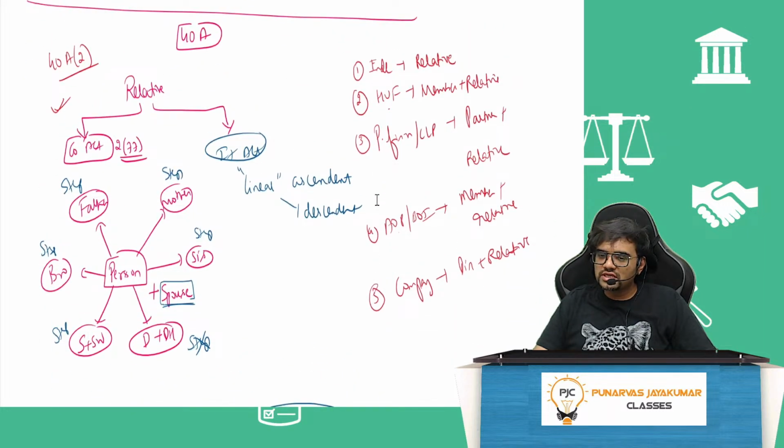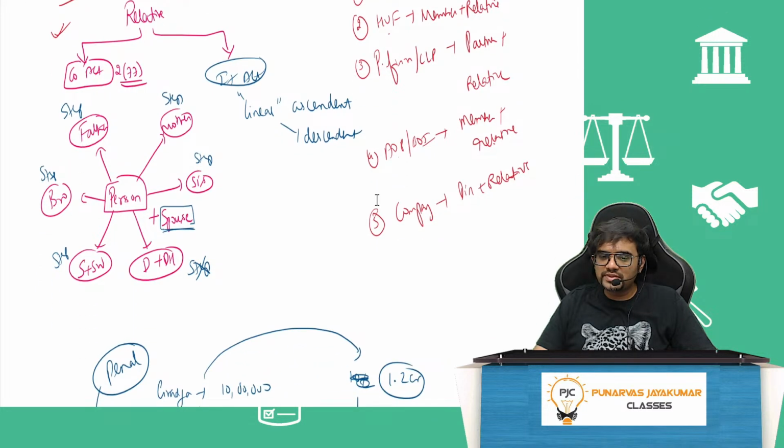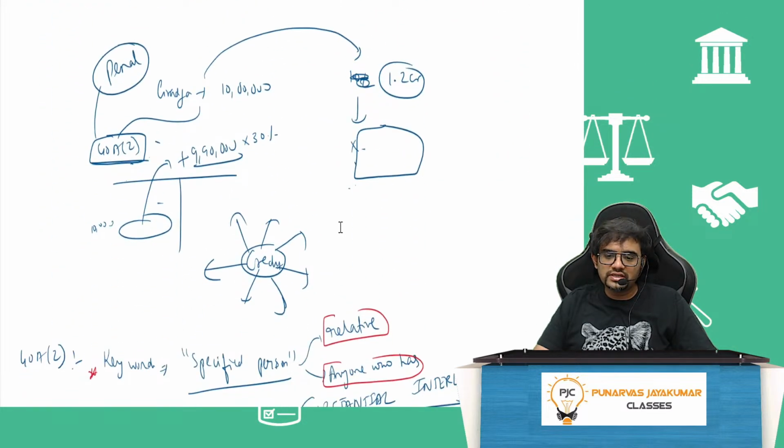40A2 covers relatives as per the Income Tax Act. Relative as per the Companies Act is what? Spouse, brother, sister, father, mother, son and son's wife, daughter and daughter's husband. But as per the Income Tax Act, it is lineal ascendant and lineal descendant, so everybody is covered there.